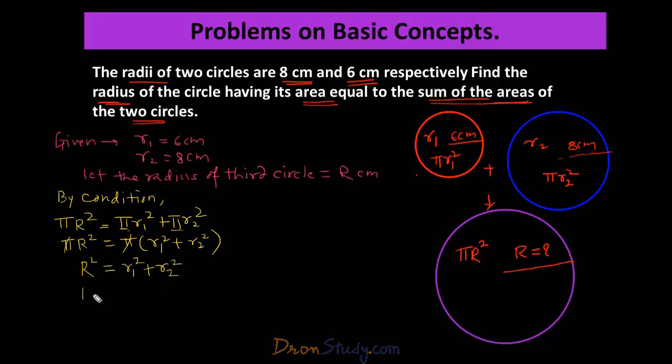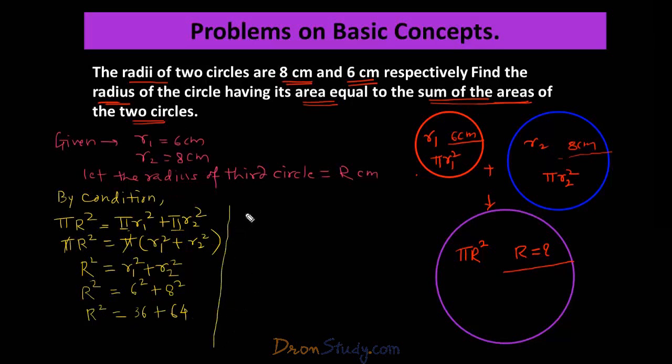So r square is equal to, r1 and r2 are given as 6 and 8, so it will be 6 square plus 8 square. So r square is equal to 6 square is 36 plus 8 square is 64.